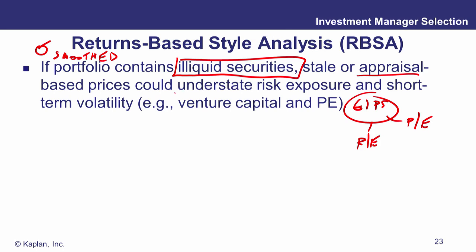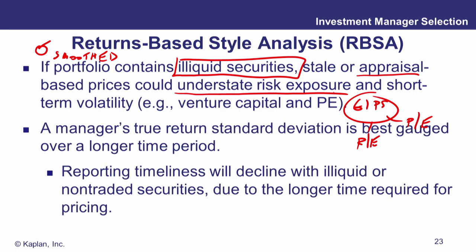It understates the risk exposures here. Now, because of this issue about data frequency, the timeliness of reporting is going to decline the less liquid it is, and that fits very well with the rules on GIPS.